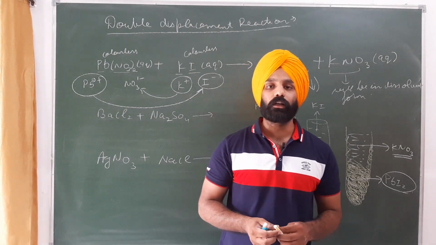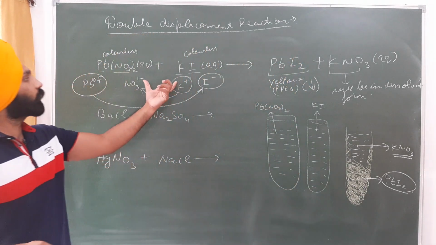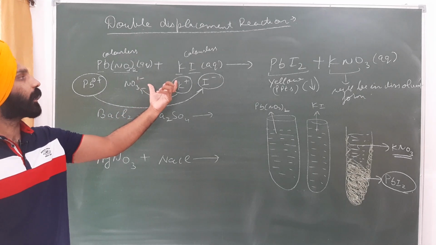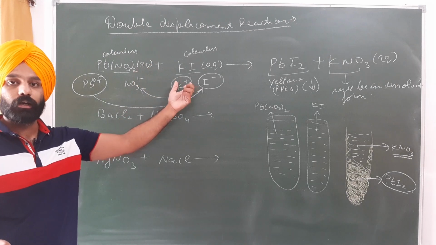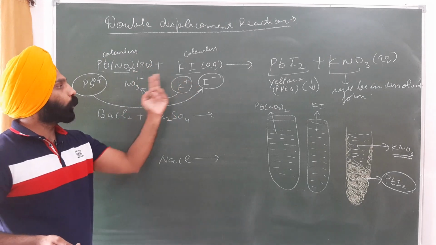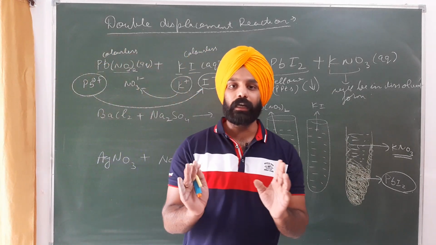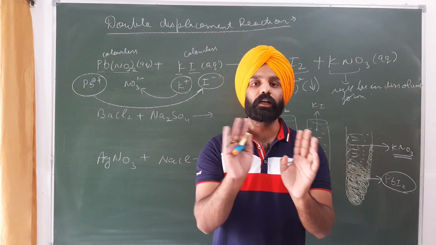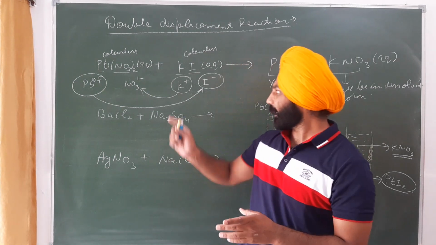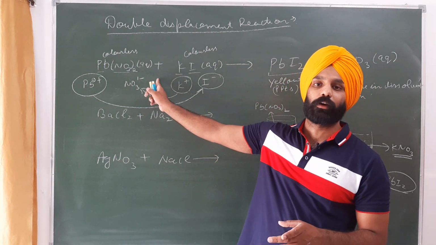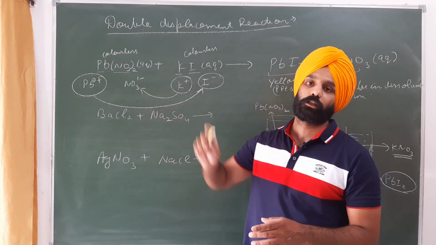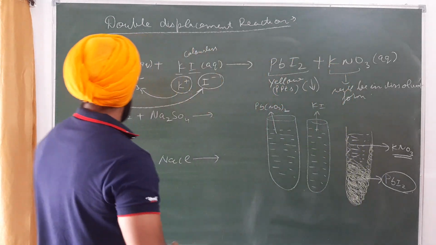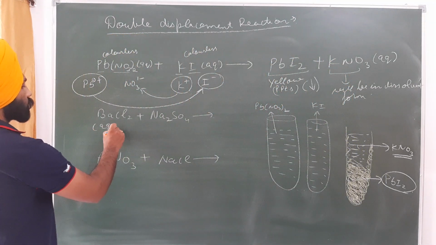In this reaction, because we are taking both salts in aqueous solution, both the anionic part and cationic part of both salts get interchanged. When they get interchanged, this kind of reaction is called double displacement reaction. Same phenomena will happen over here. This is aqueous.